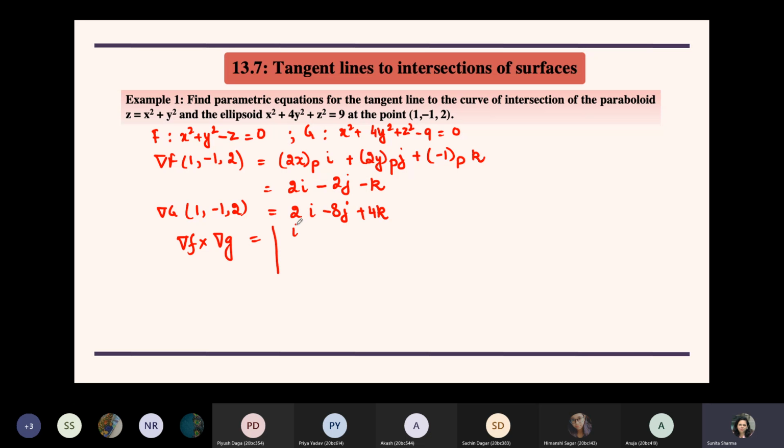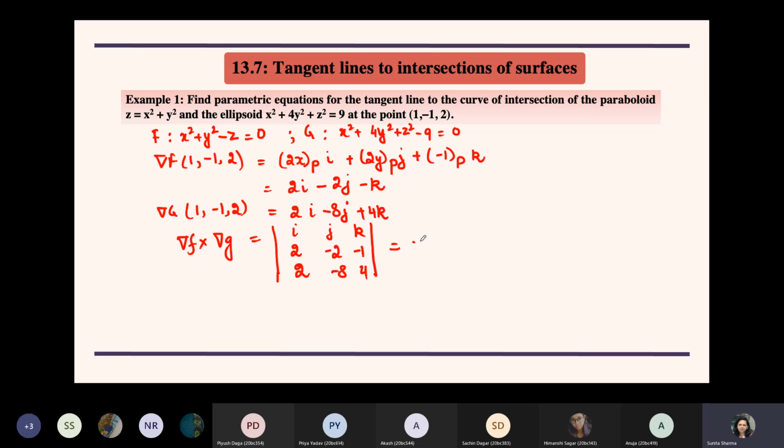The cross product is i, j, k. Then you take the components of vector f: 2, -2, -1, and g: 2, -8 and 4. Just write the components of these two vectors in the two rows, and then you can expand it like a determinant.